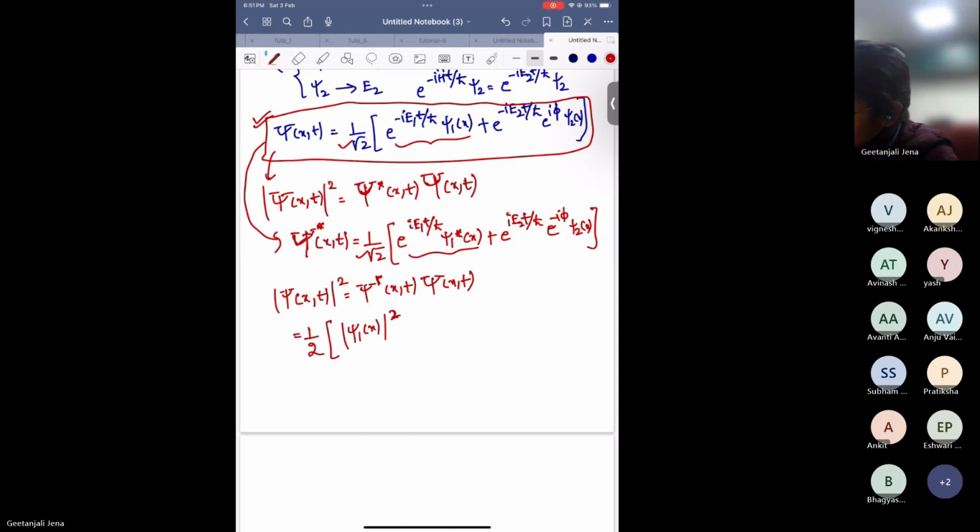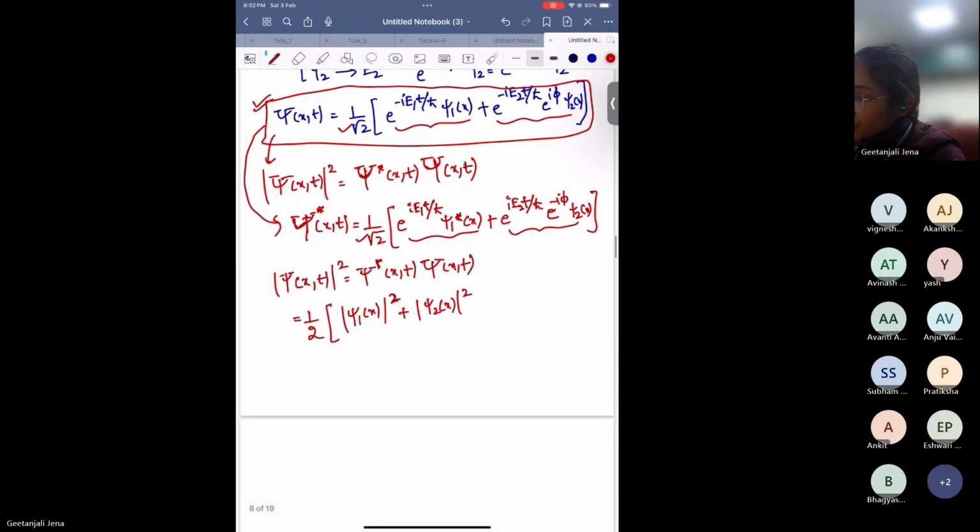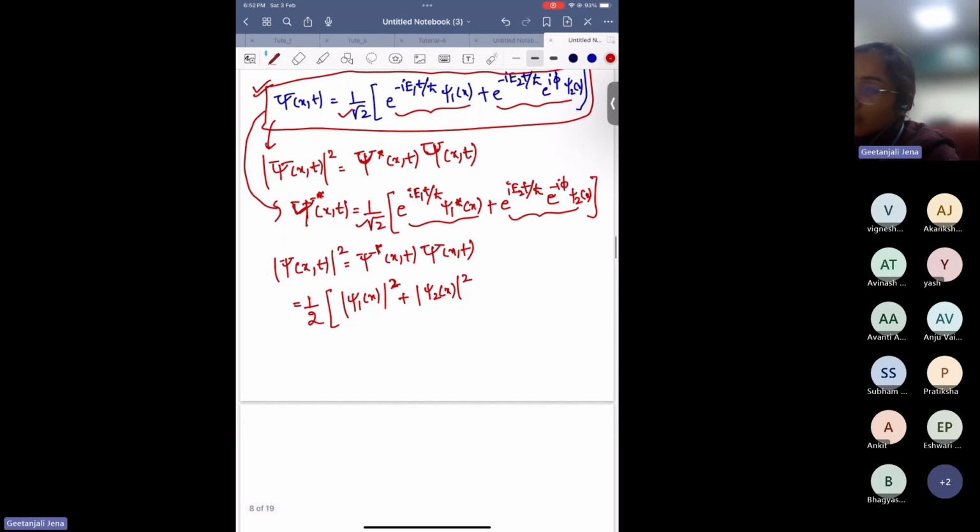And this term will give psi 2 x square. You are just multiplying this equation with this equation.